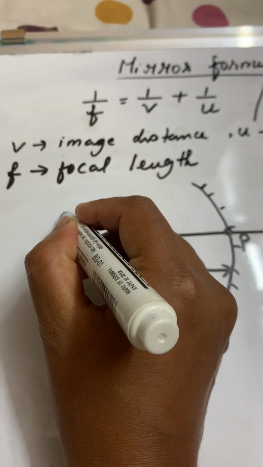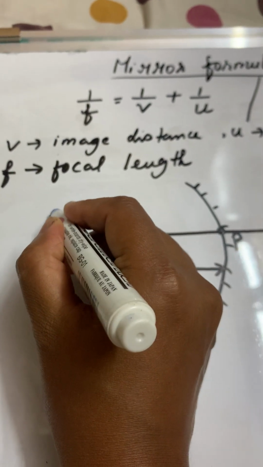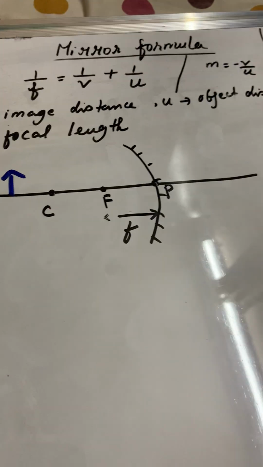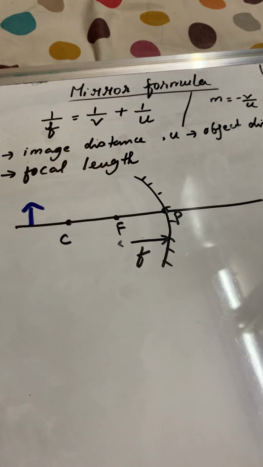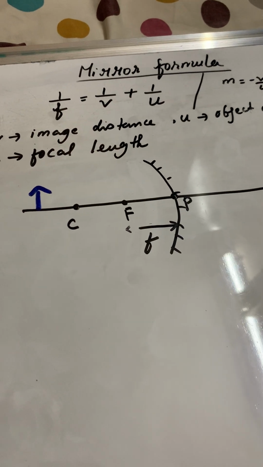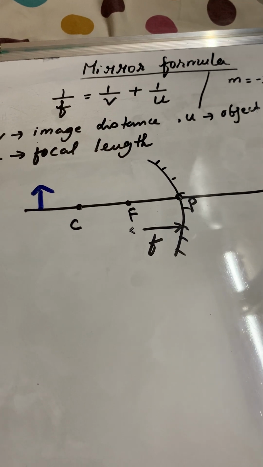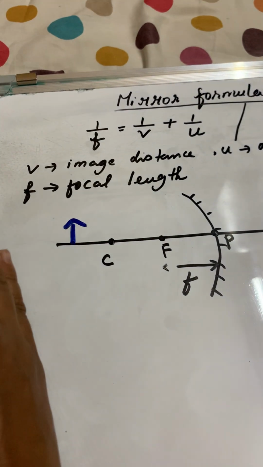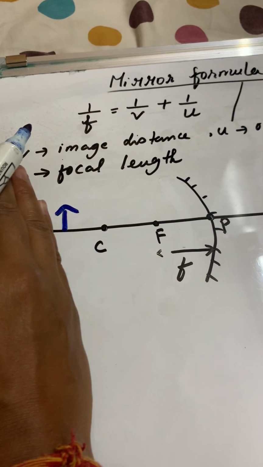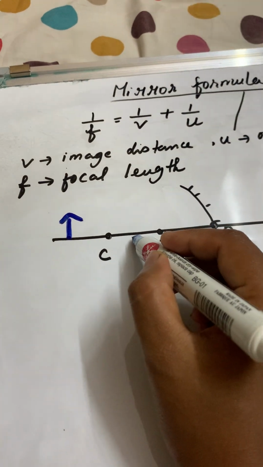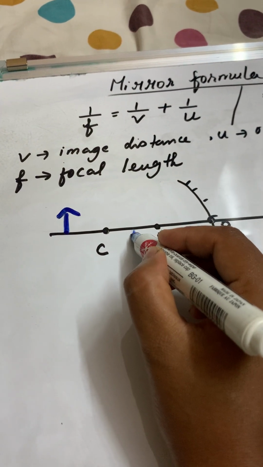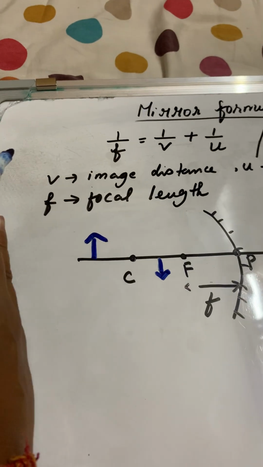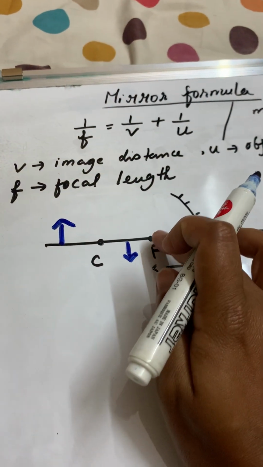When the object is beyond C, the image of it will be formed between F and C. When the object is very far away, the image is formed at the focus.